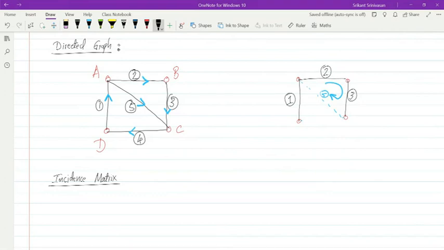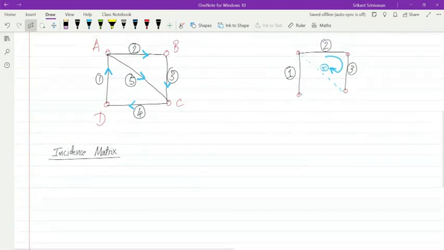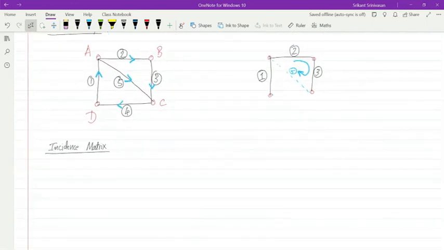And I'll explain to you how that works. If you consider the above case, we have 4 nodes A, B, C, D. So we are going to create a matrix, usually written as A subscript A. We are going to write the nodes as the rows. So nodes are A, B, C, D. And what are the columns? The columns are the branches. So this is like the node and branch interconnection.